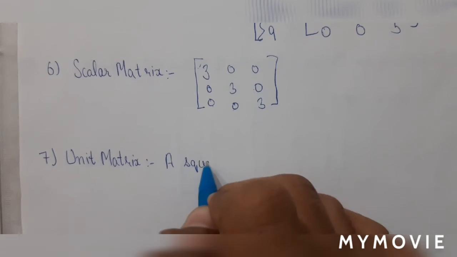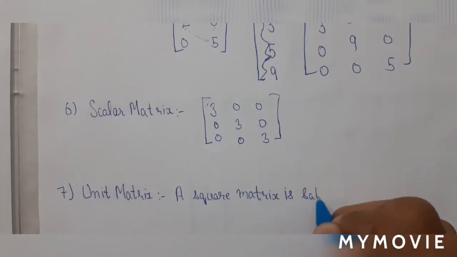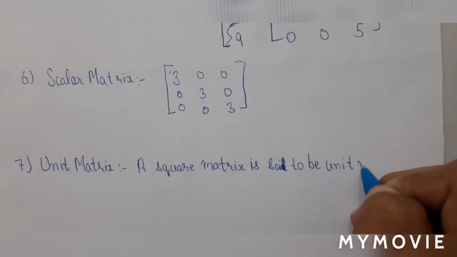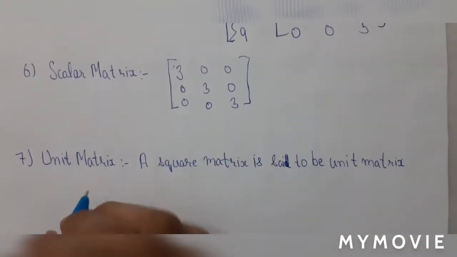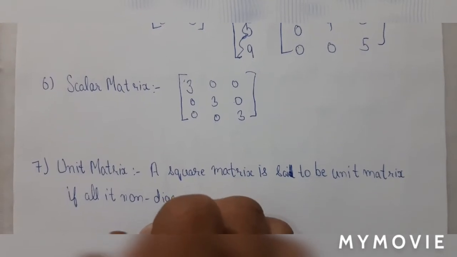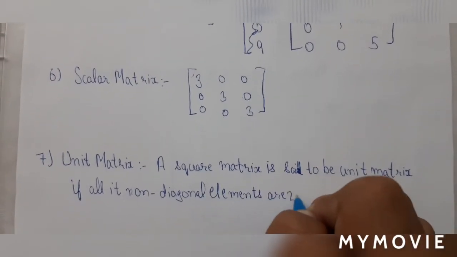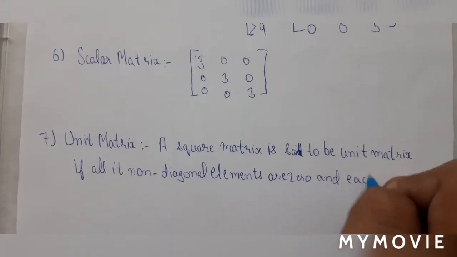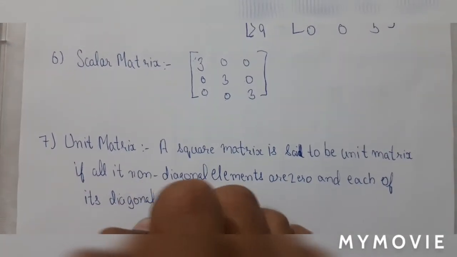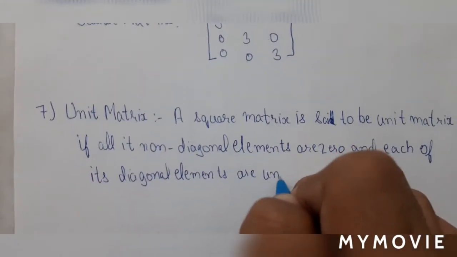A square matrix is said to be a unit matrix if all its non-diagonal elements are 0 and each of its diagonal elements is unity.